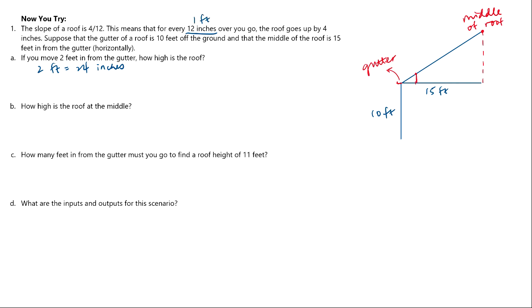But either way, you probably will be able to recognize the idea that we're talking about doubling the distance we go over based on our definition over here. So when we write out the calculation, if we have 2 feet, because it's 24 inches, we can multiply the 24 inches by the 4 over 12 being the slope in this case.